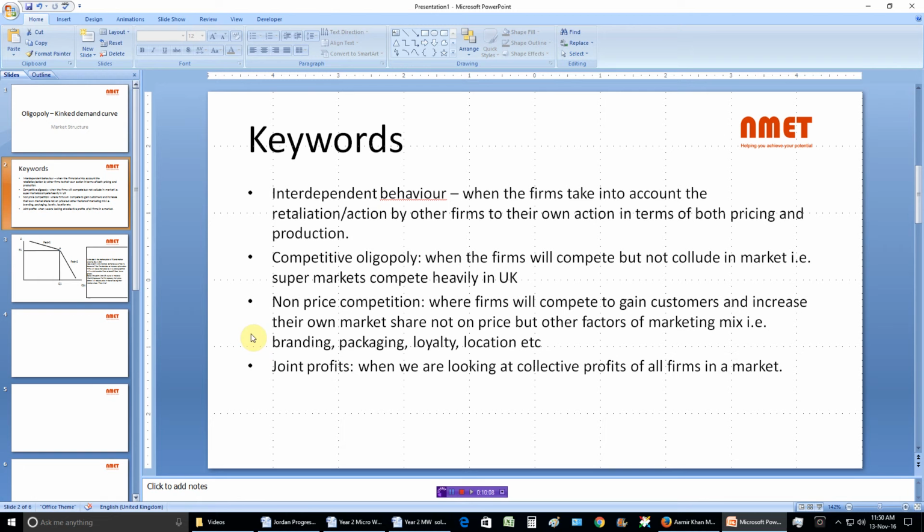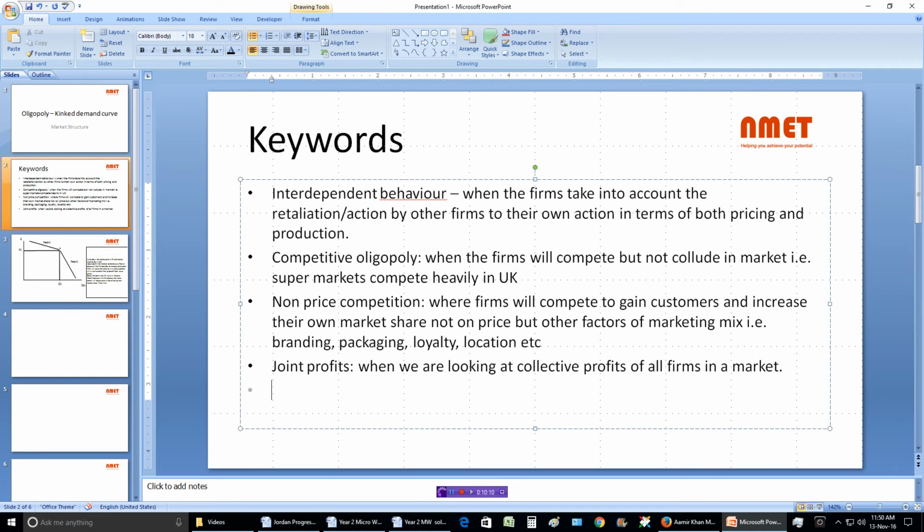And let's go back to keywords and put in price war. So what would be price war? It is when firms in the market are constantly dropping their prices.